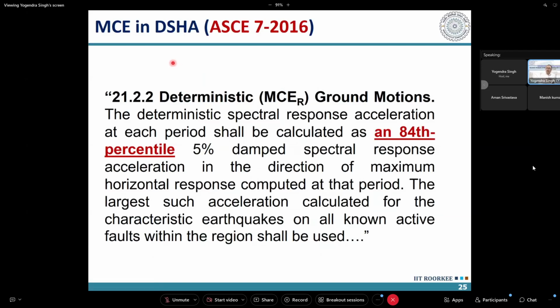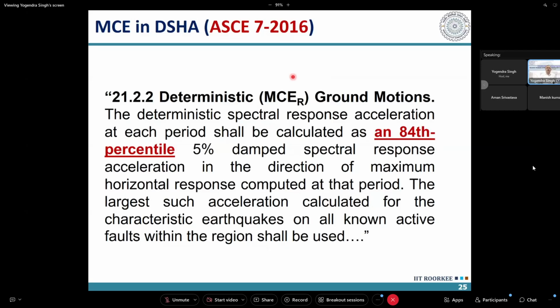Our designers have been using these terms MCE and DBE in Indian design also. Although our code does not talk about DBE or MCE, the designers have started using these terms, and that has caused a lot of confusion about whether this zone factor Z, which is given in our code, is DBE or MCE or something else.